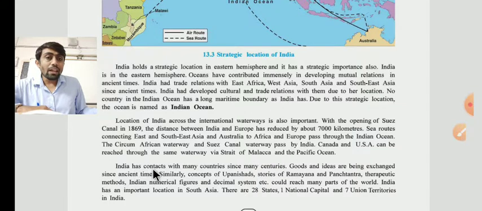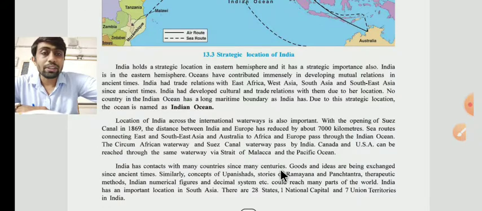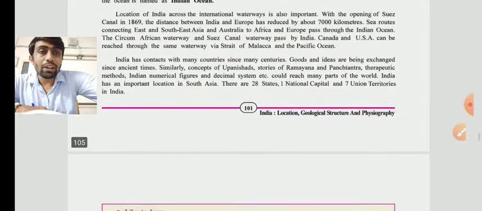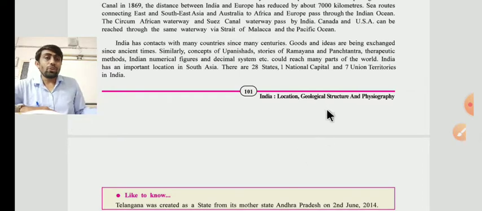India has had contact with many countries for many centuries. Goods and ideas, it means our culture, have been exchanged since ancient times.